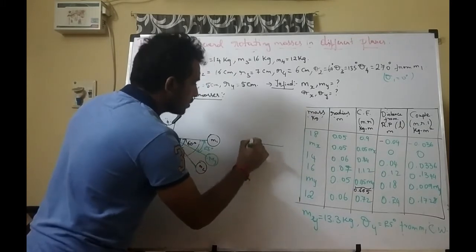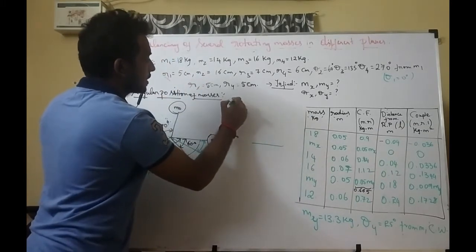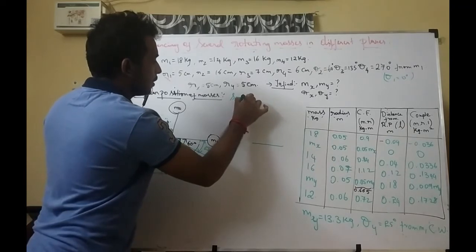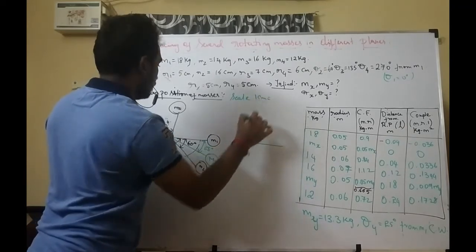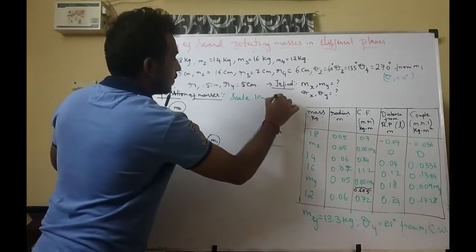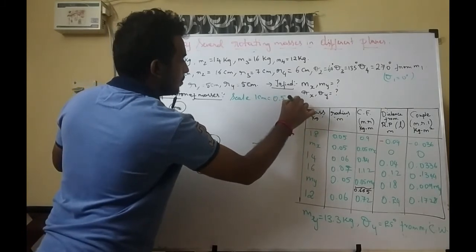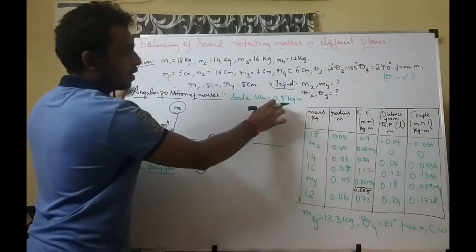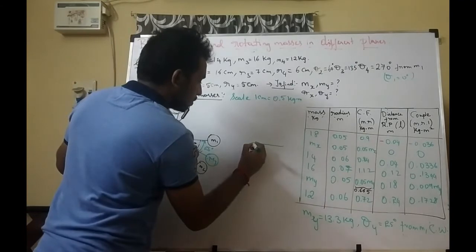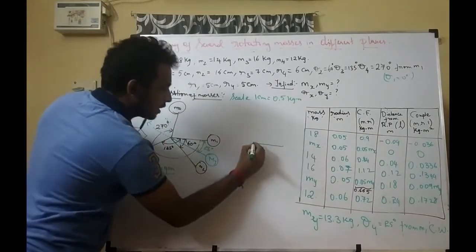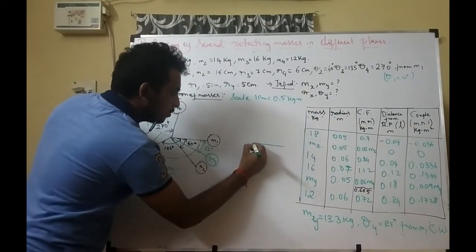Before that, we have to take a scale: 1 centimeter is equal to 0.5 kg meter. We divide the values by 0.5, and I draw parallel exactly over here to get O dash.